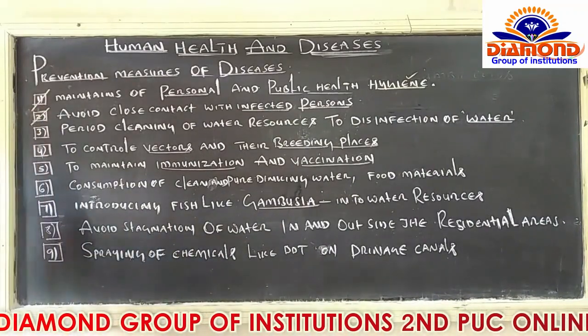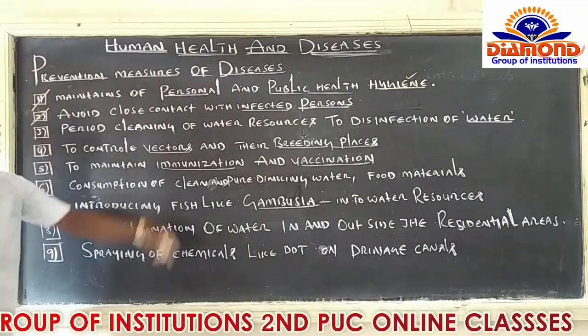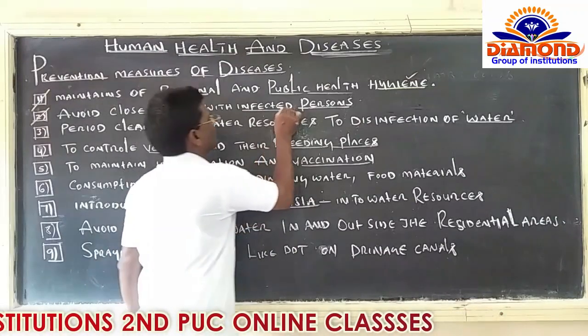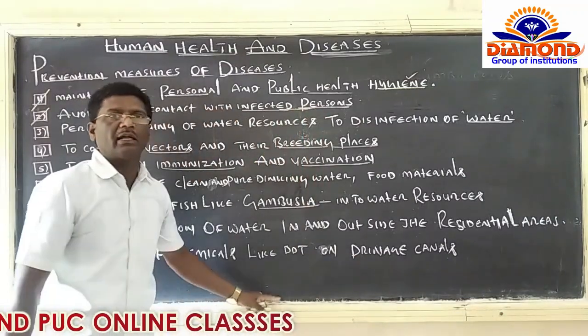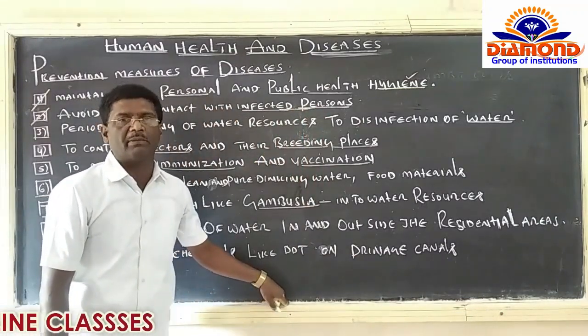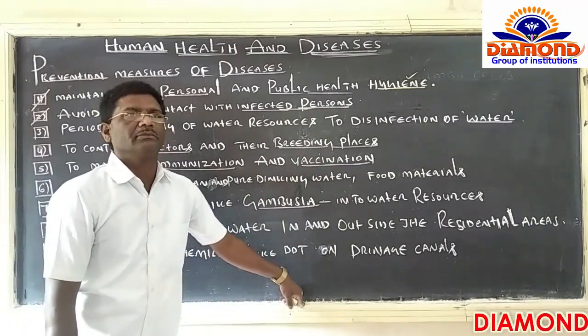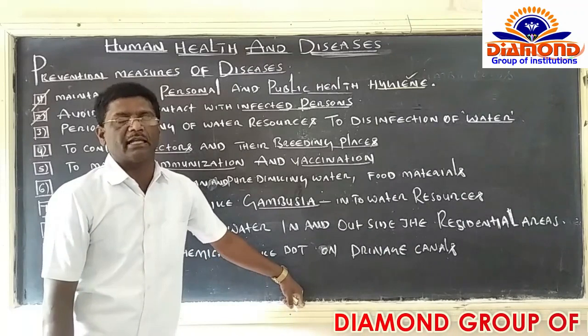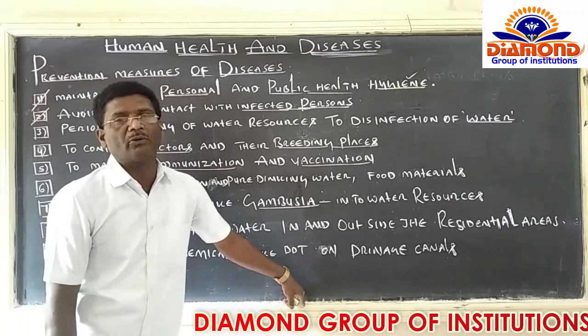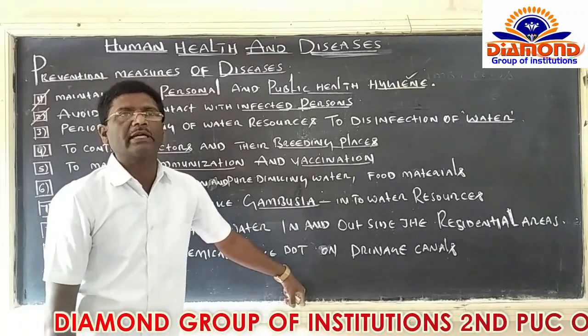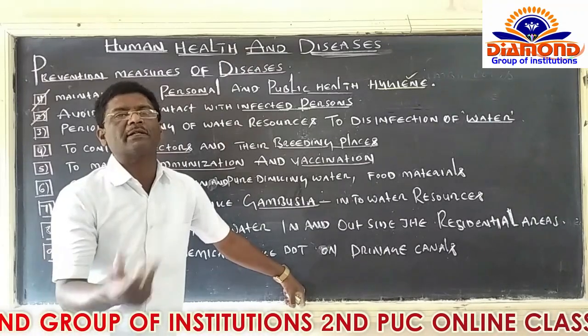And the next one is to avoid close contact with infected persons. I already mentioned very clearly that pneumonia is a close contact disease. Number 2, common cold. Common cold can also easily be transmitted from one person to another.